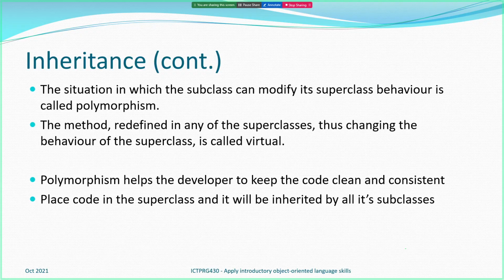We put it up the top in the superclass, and that then is inherited into all of its children, and this helps keep your code clean and consistent, and it puts a single point where you can modify the behavior, and it'll update across all of its subclasses.